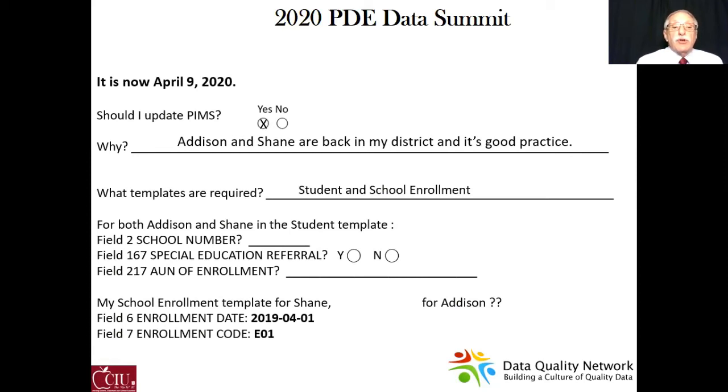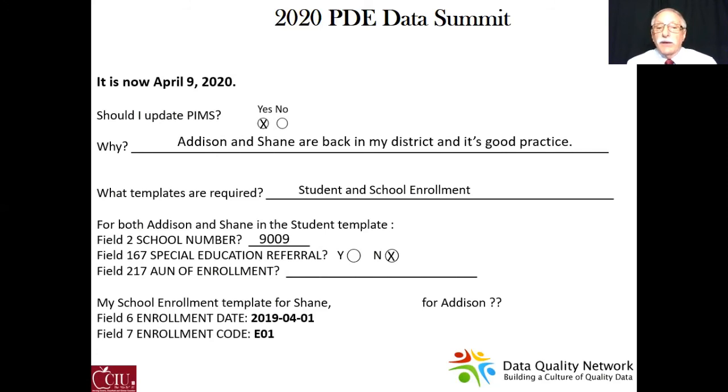So for both Shane and Addison, what would be in their student templates? What would be in the school number? If we remember way back when, I said my building number was 9009. So that's what should appear there. And since they're no longer at a residential treatment facility, and since Shane is not being served by the IU anymore, there should be an N for that special education referral for Field 167.